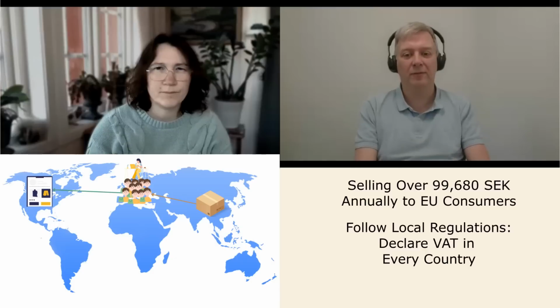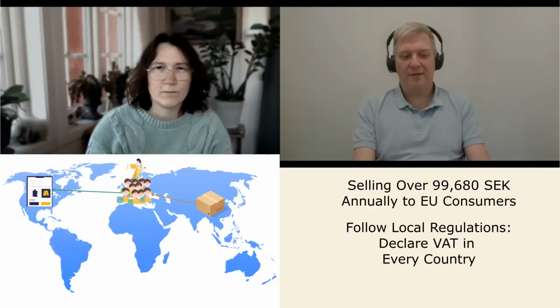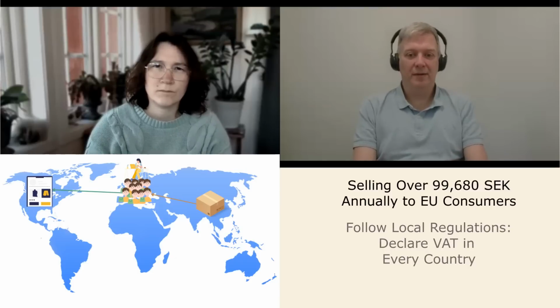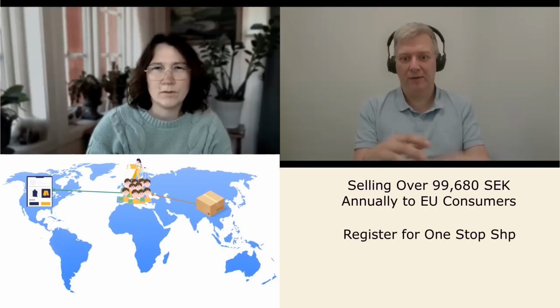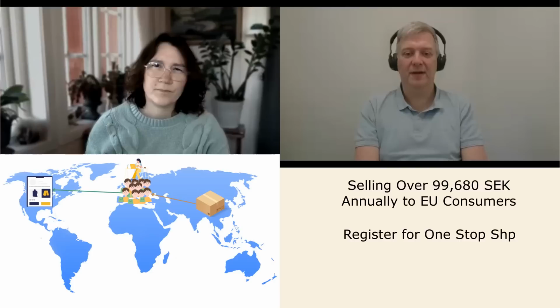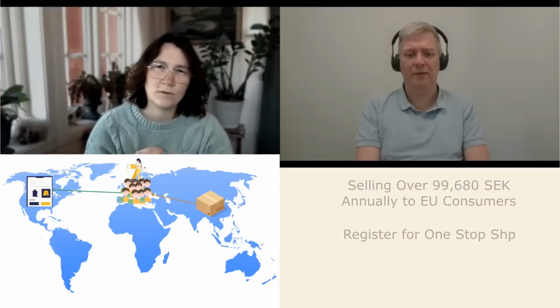So you need to keep track of what VAT rate you should add, and then you must also register for VAT in that country, or register for the one-stop shop system where you declare all the EU sales in one declaration instead. So that's the first thing that you have to do.